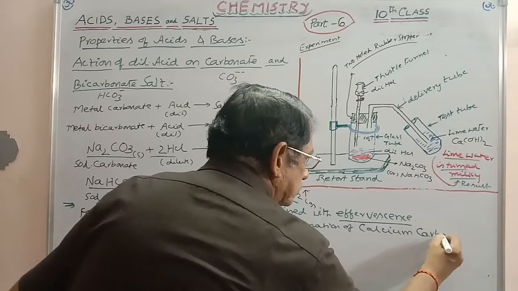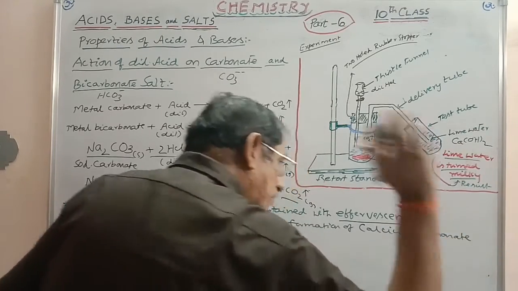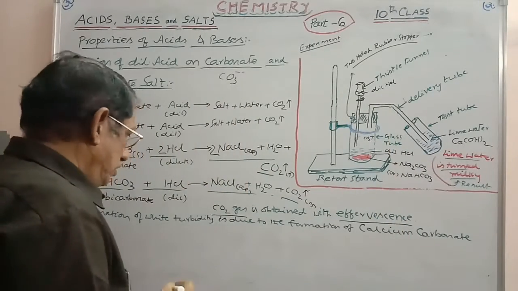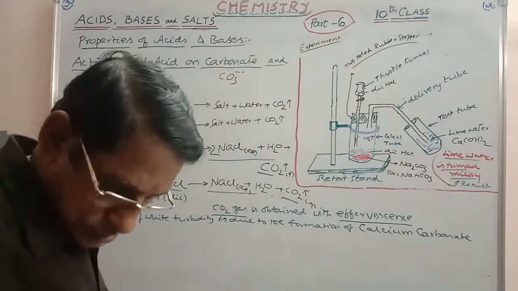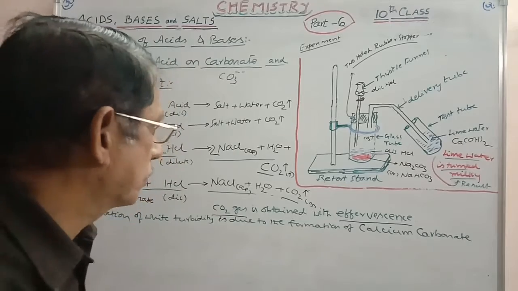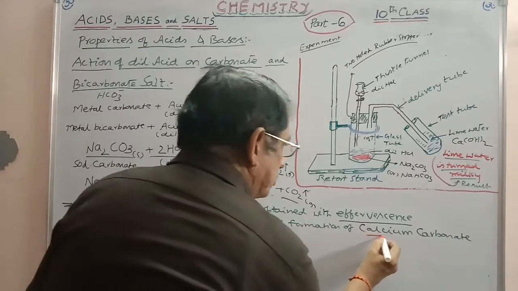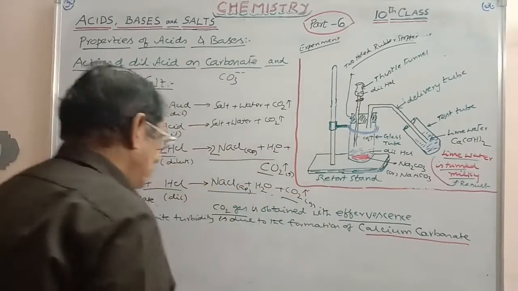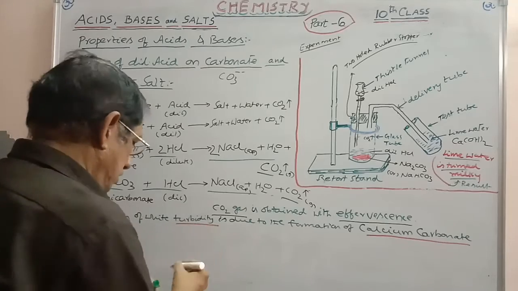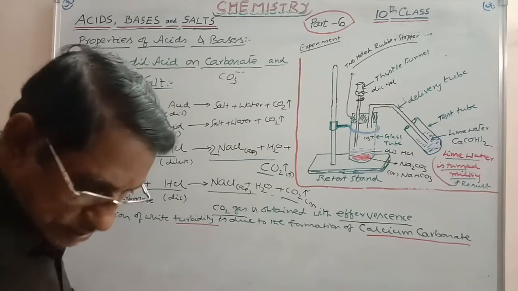Calcium carbonate is insoluble, but calcium bicarbonate is soluble. Formation of turbidity is only due to the formation of calcium carbonate.